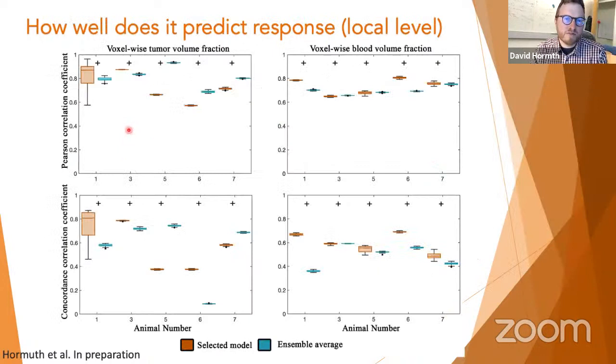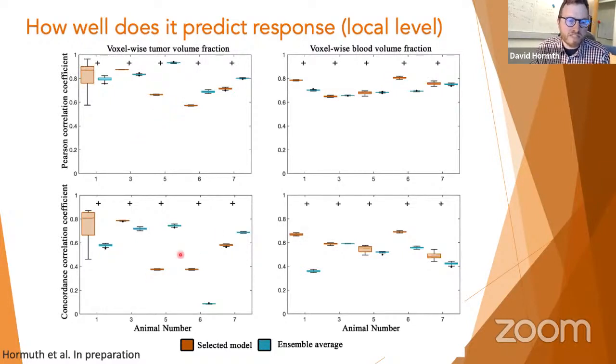At the voxel level, we see a similar story. The Pearson correlation coefficient for the tumor volume fraction is greater than 0.6 for most of the animals, and most of them are hovering around the 0.7 to 0.8 range.